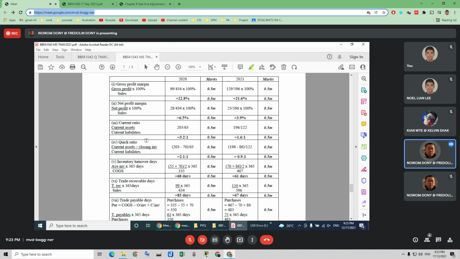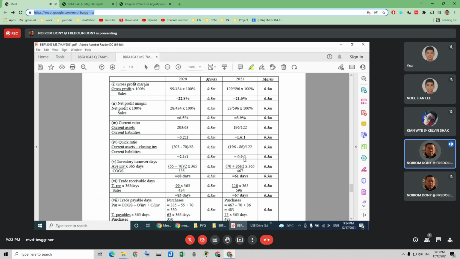And in terms of quick ratio, we have to less the inventory. So 203 minus 70. The current year 196 minus 86. Last time, previous year, we have 2.1 asset for 1 ringgit of current liability.